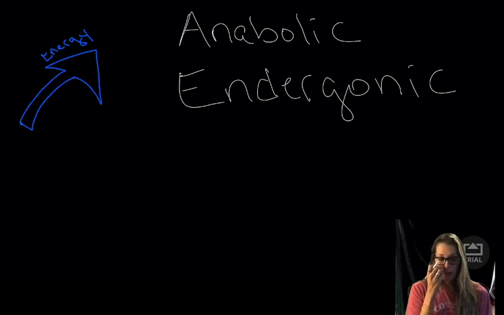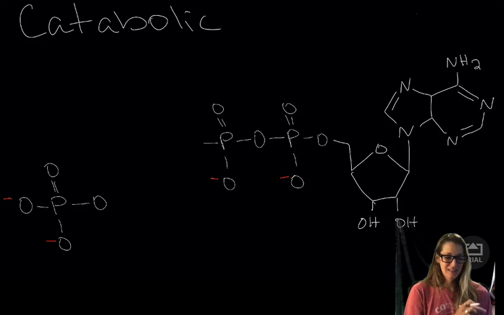So, how do we get ATP? We get ATP, at least part of the energy, from those catabolic reactions. Remember, catabolic reactions are when we break something down.